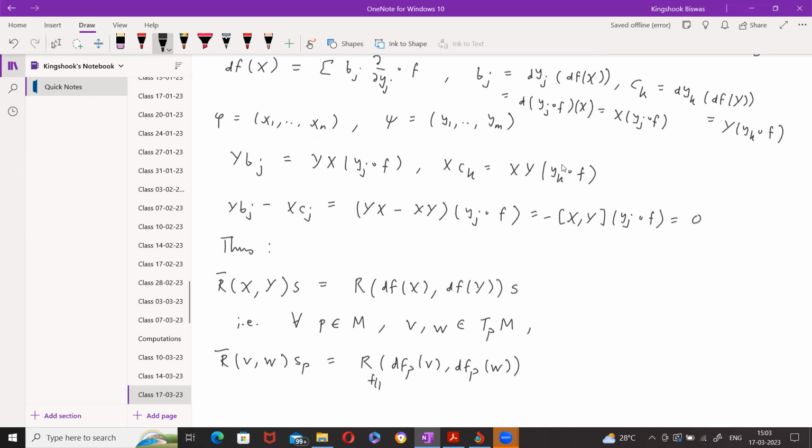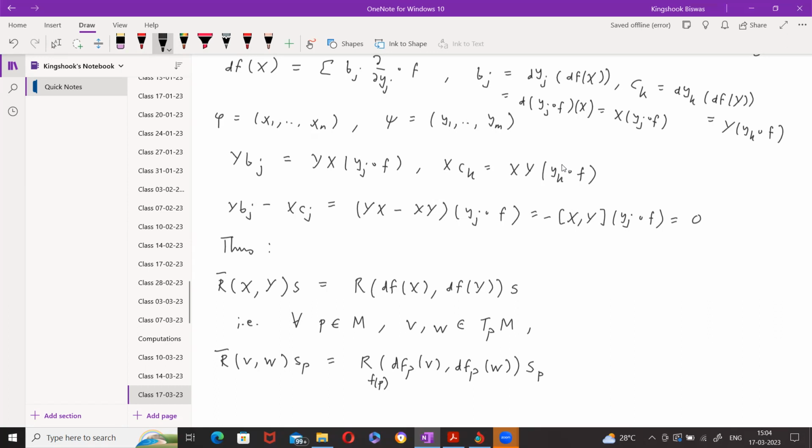Is this clear? R at f(p) acts on tangent vectors at f(p), and the tangent vectors at f(p) are df_p v, df_p w. So R at f(p) acts on these two tangent vectors to give you an endomorphism of E at f(p), and that acts on s at p.